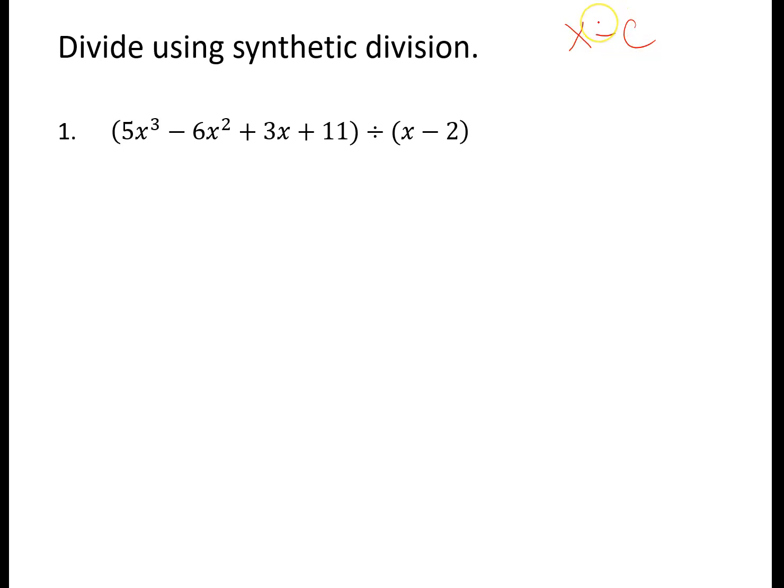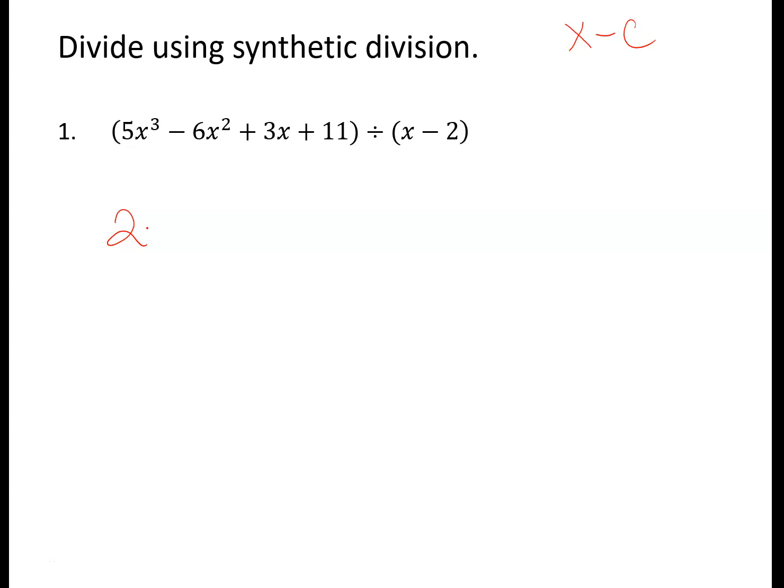It had a minus sign in it on the previous slide. Then when we look at this, x minus c, c is positive 2 because of the minus sign coming from the formula. Another way to think about it is if I set x minus 2 equal to 0 and solved it, I would get x equals 2. So we need to write down the number 2.